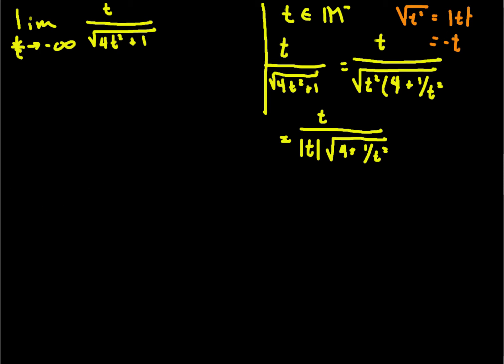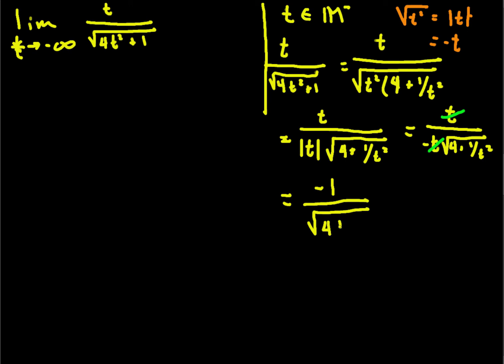So coming back here, this is t over negative t times the square root of 4 plus 1 over t squared. Now I can cancel. So this t cancels, but I still have a negative lurking around. And so this is equal to negative 1 over the square root of 4 plus 1 over t squared.